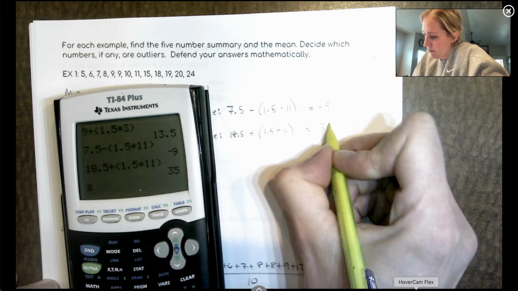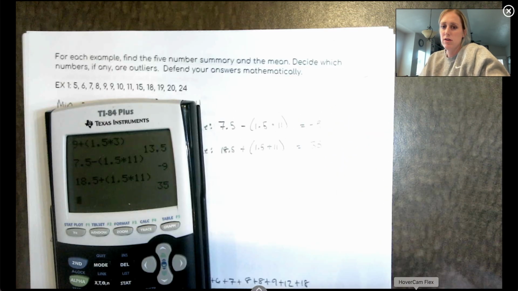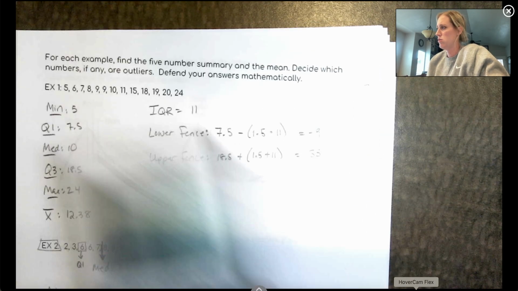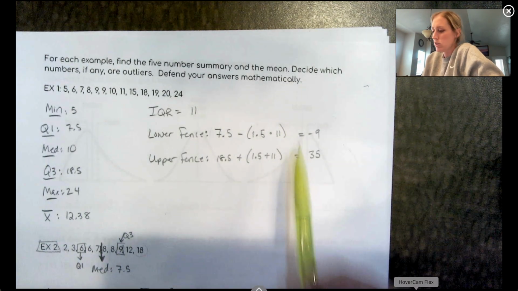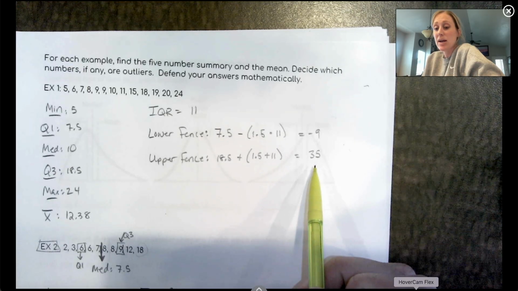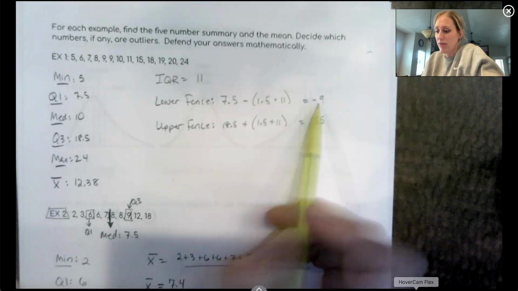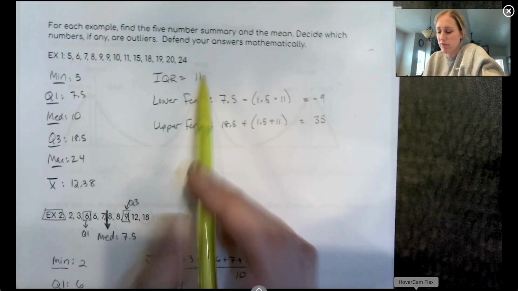Our upper fence, 18.5 plus 1.5 times 11 is 35. Okay, so I'm looking, do I have any numbers less than -9? Sorry, that's hard to see, you guys. There we go. Do I have any numbers less than -9 or bigger than 35? That means they're on either side of the fences. So in this one, I do not. There's no number less than -9, and there's no number greater than 35.